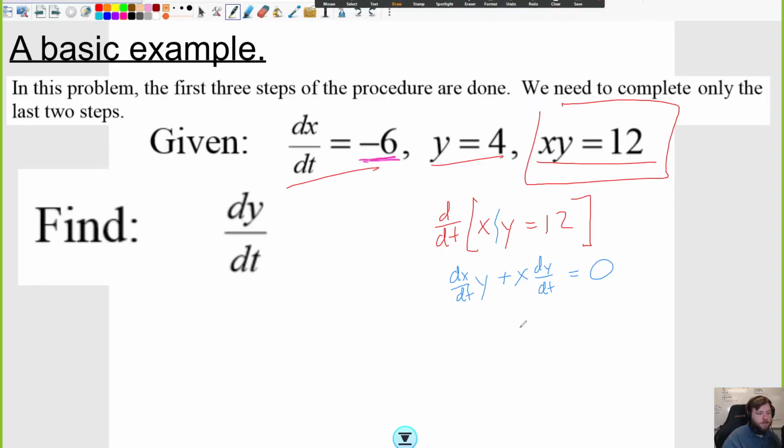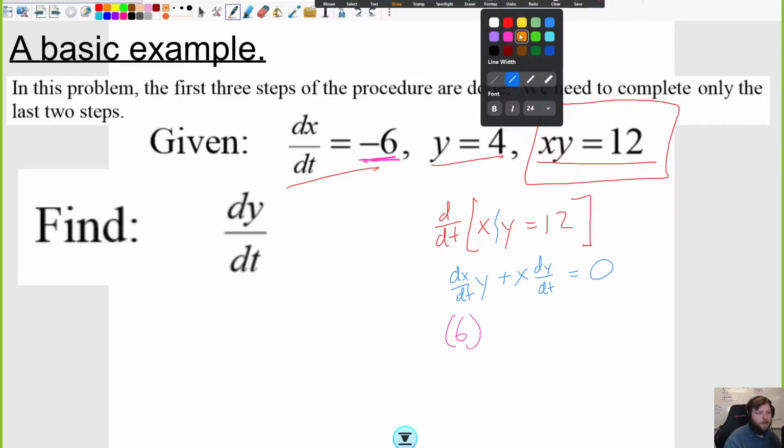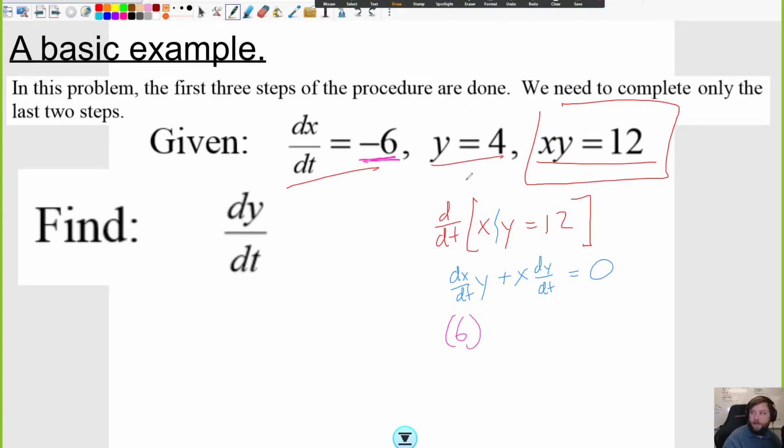Dx dt equals 6, so I'm going to plug in 6. Yes, it is, negative 6. Perfect. And y equals 4, so I'm going to plug in times 4. And then x. Oh, what is x?